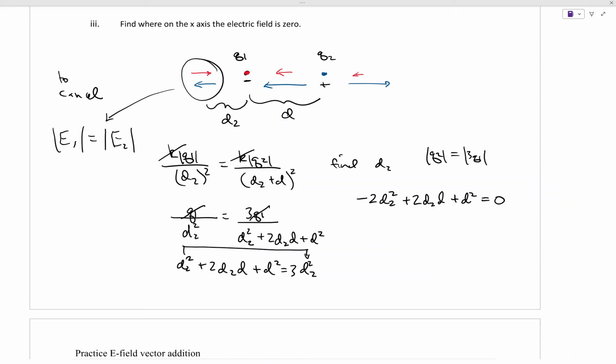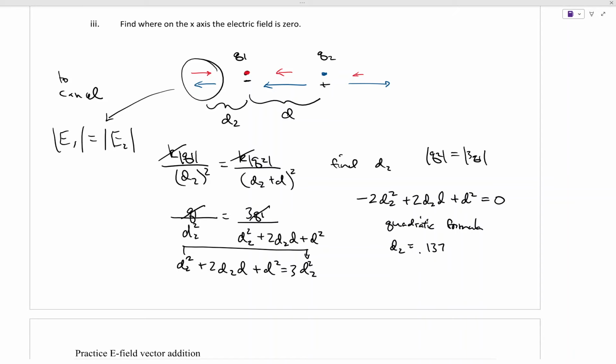Notice this is an expression that has a d2 squared term, a d2 term, and a constant. So in other words, it's a quadratic. I'm not going to show solving the quadratic, but you take this and plug it into your quadratic formula, or however you normally solve your quadratics, and you would find that d2 equals 0.137.